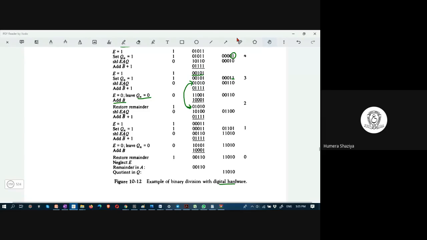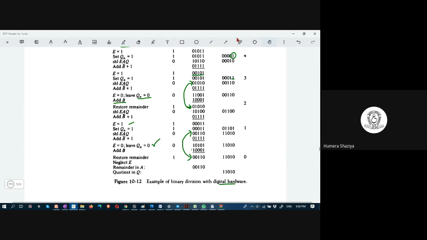After you obtain the same value back, you further start processing. Here E is 1, here E is 0. Because E is 0 here, again you have to restore. How do you restore? By adding. Add B to this to get this one. This one was the previous value.